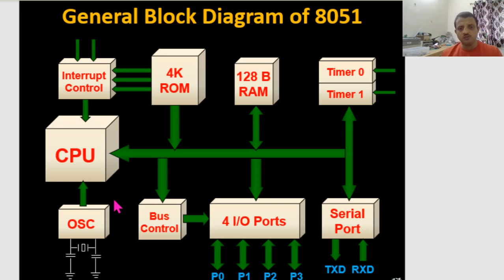Just to give a few highlights here: the program is usually written in this ROM. Whatever firmware we talk about will be flashed into this ROM, which is read-only memory. It is one-time programmable; you cannot erase it further. If you want to go further, you need flash-type memory.